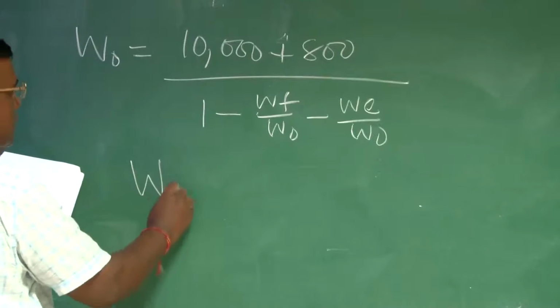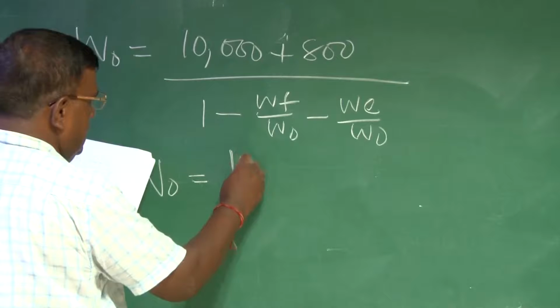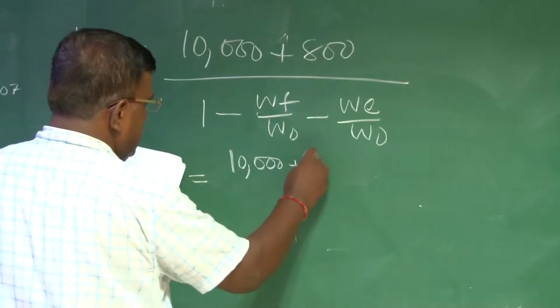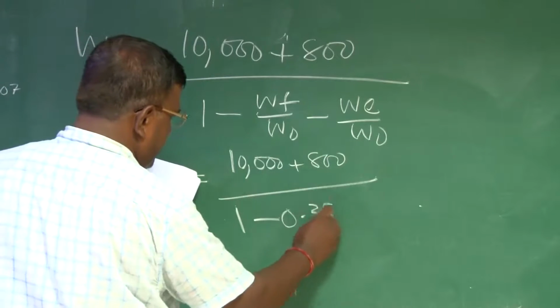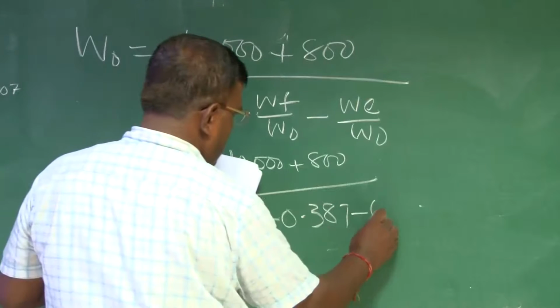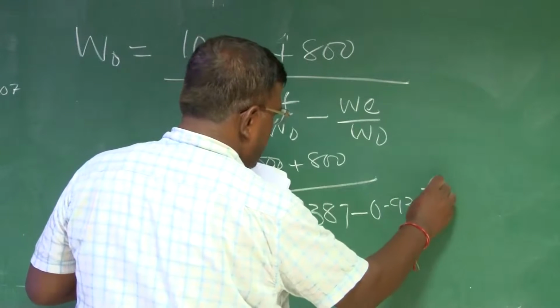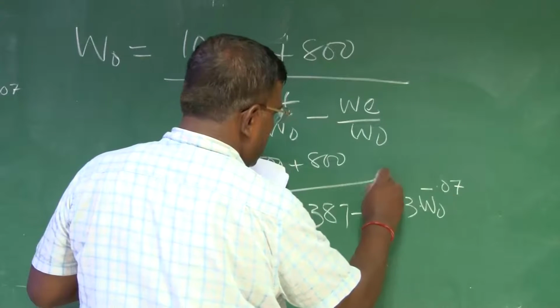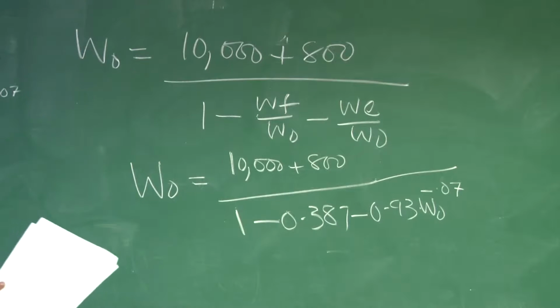So W0 equal to 10,000 plus 800 by 1 minus 0.387 minus 0.93 into W0 to the power minus 0.07. Right? So what is our aim now? Our aim is to get an initial estimate of W0. So what is the best way you can do it?